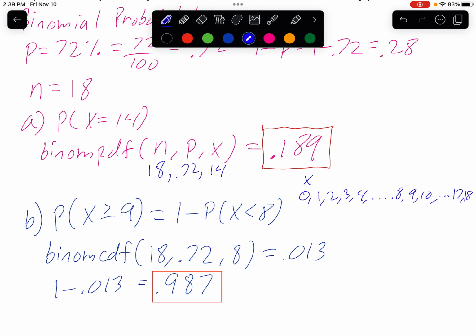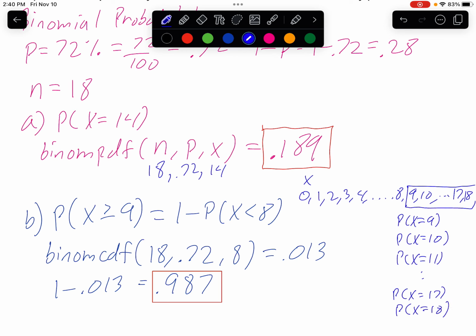These are the values, these are the number of successful trials that we can have, anywhere from 0 up to 18 successful trials. So the probability that X is greater than or equal to 9 really indicates this block of X values right here, which means we have to find the probability X equals 9, then the probability X equals 10, then the probability that X is equal to 11, all the way up to the probability X is equal to 17, and then the probability X is equal to 18.